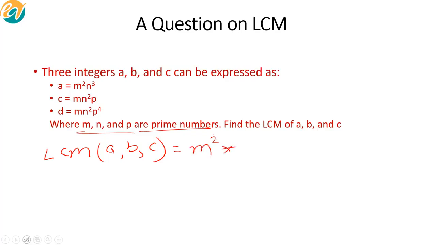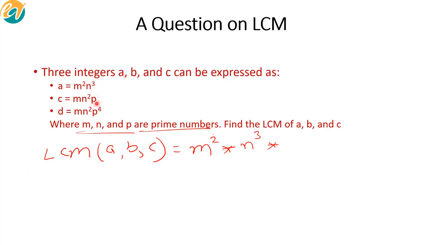Now let's come to n cube, n square, and n, again n square. So what's the highest power for prime factor n? N cube. So you write n cube here, and finally we come to p. There is no presence of p here.